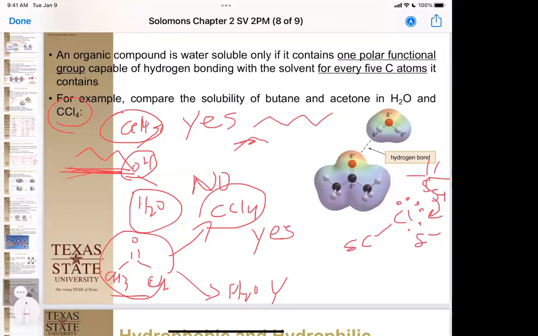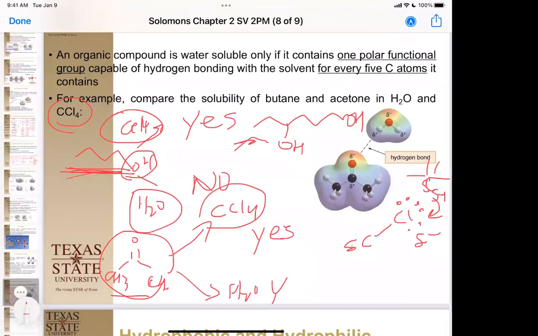But if you go to heptanol, right here, 7 carbons, that won't dissolve in water. But you can get 5 carbons per functional group. So if we put another OH on here, heptane diol will dissolve in water because you have less than 5 carbons per functional group. So 5 carbons per functional group is the rule of thumb. It's pretty close to that.